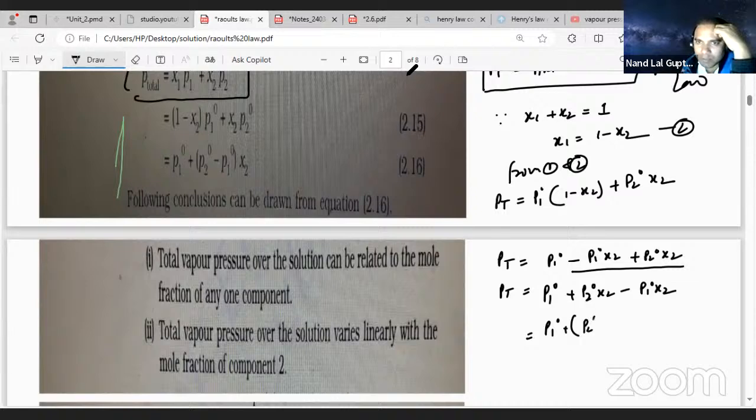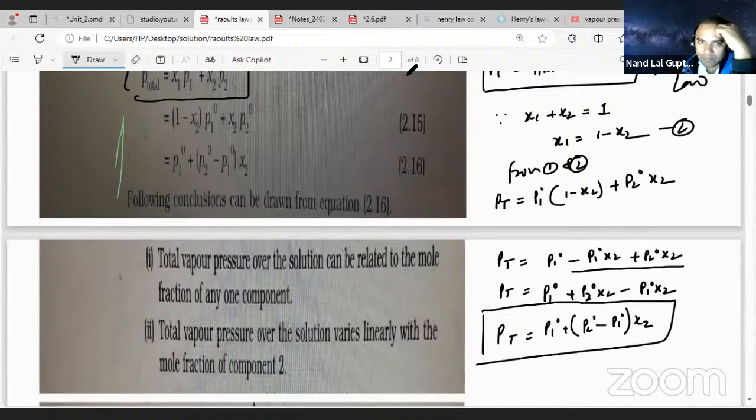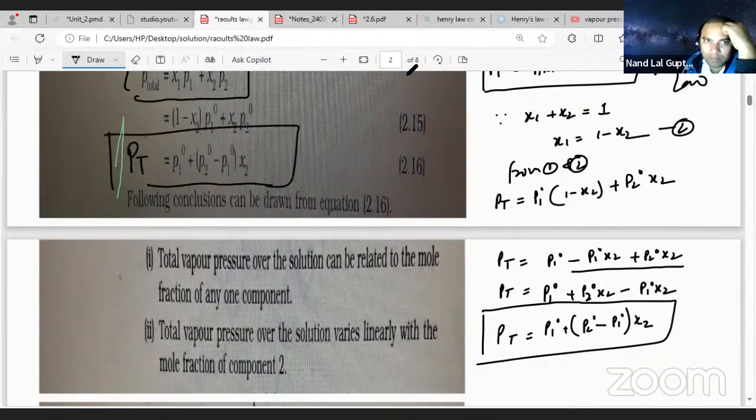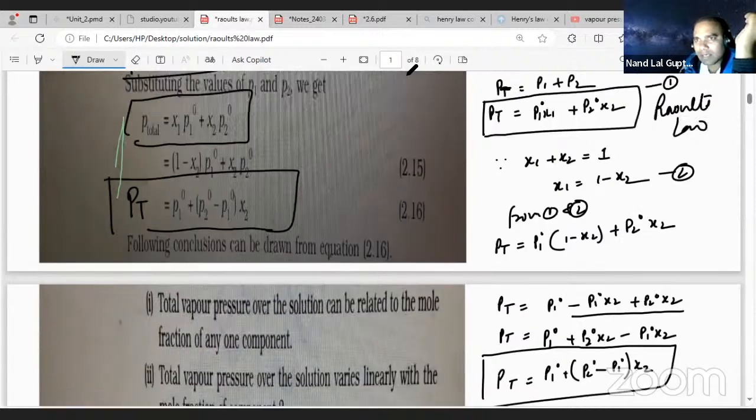So this is P2 not minus P1 not, and outside it will be x2. So this is related to the mole fraction of the solute. PT is equal to P1 not plus (P2 not minus P1 not) x2. You can use this formula here itself for numericals. For derivation purposes, this is okay.